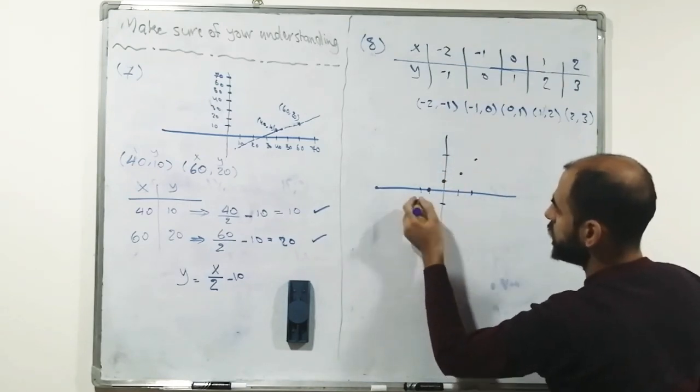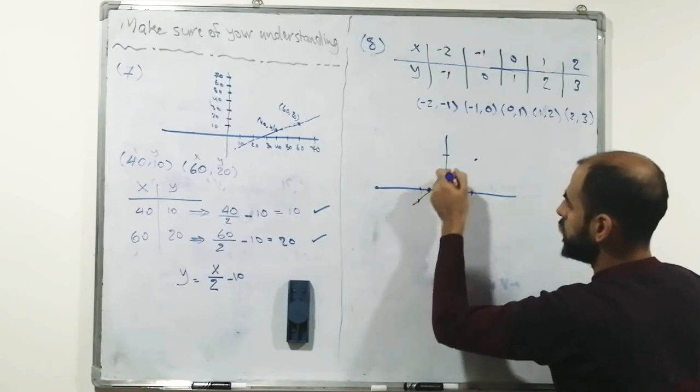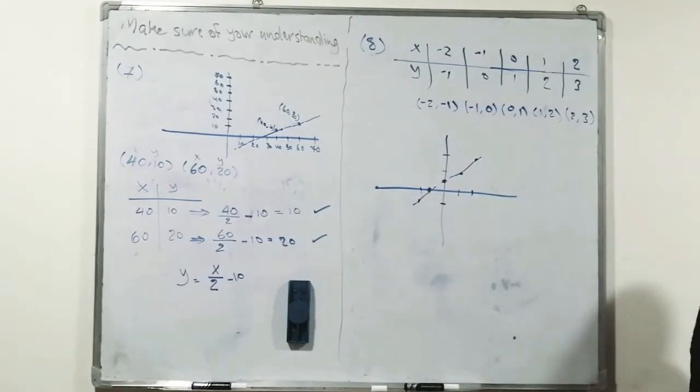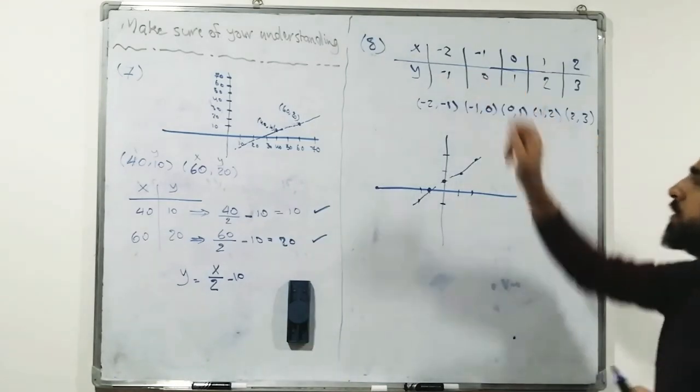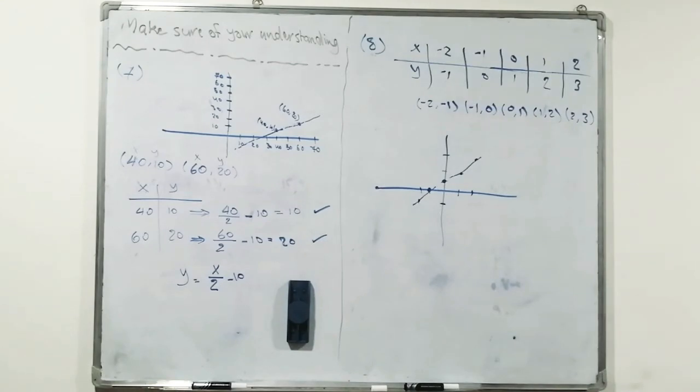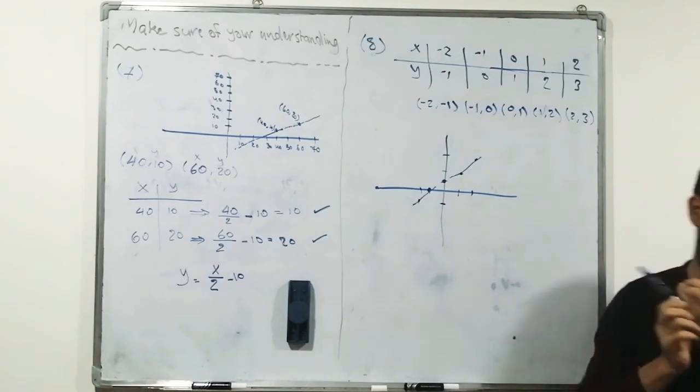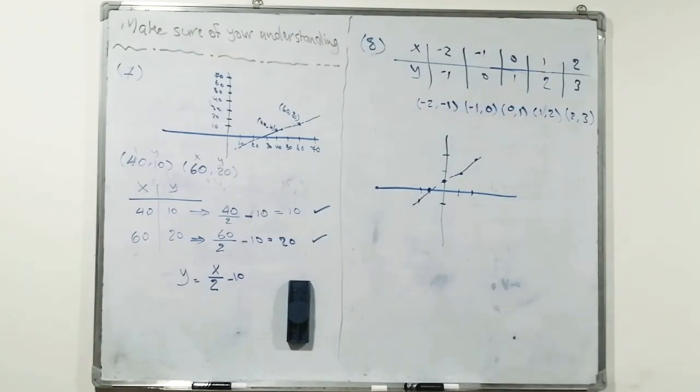So this is the graph or diagram of the function table. Question number 8 is solved the same way. Also we have another function table with values of x 2, 1, 3, 4 and y 4, 3, 5.